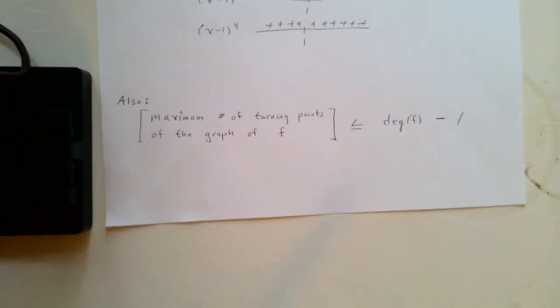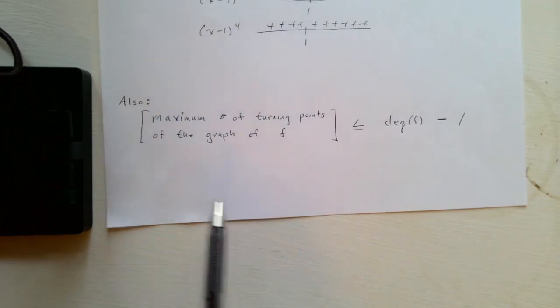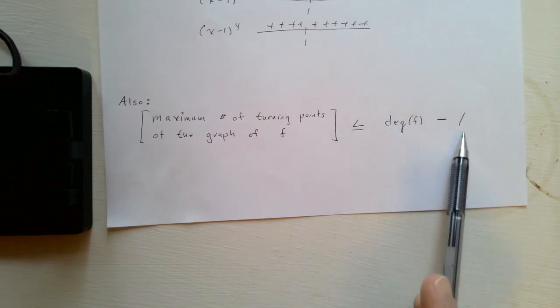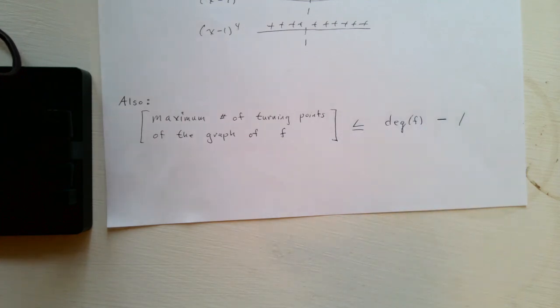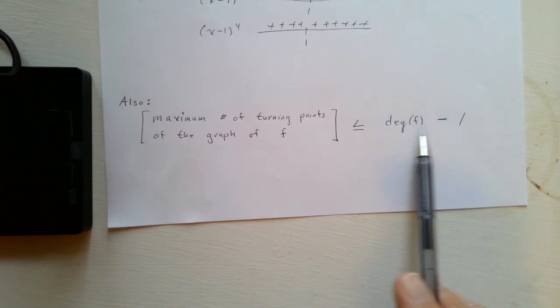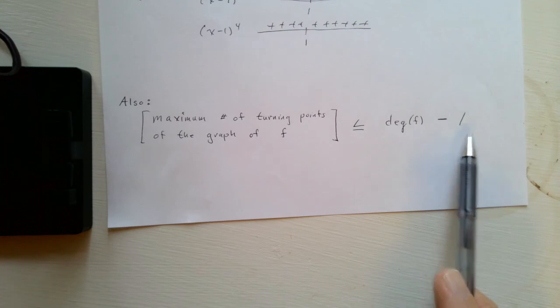All right. Just one other thing. The maximum number of turning points of the graph of a polynomial function is always bounded by the degree minus 1, one less than the degree. Now that doesn't mean that we will have this number of turning points, but that just says that's the most we can have.